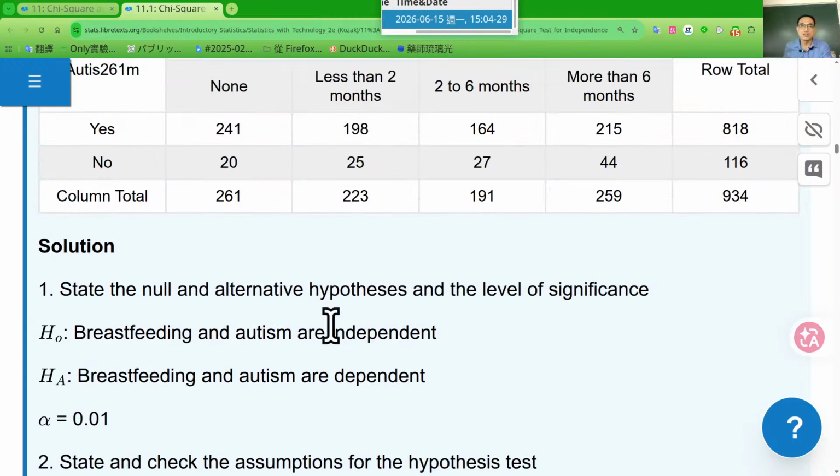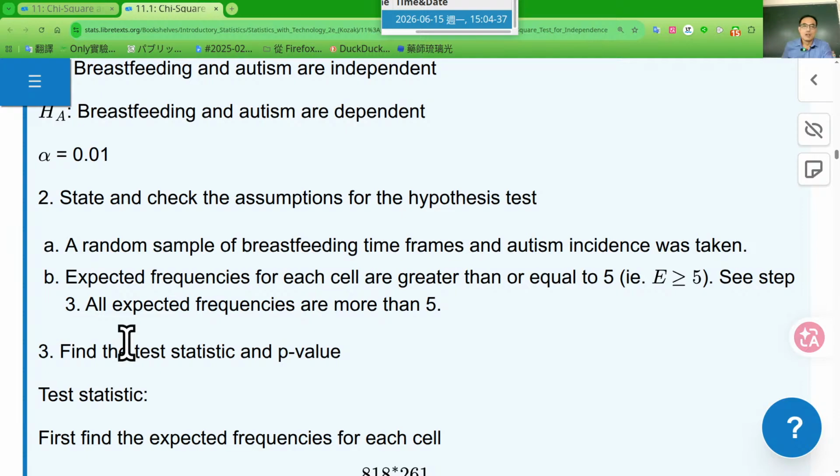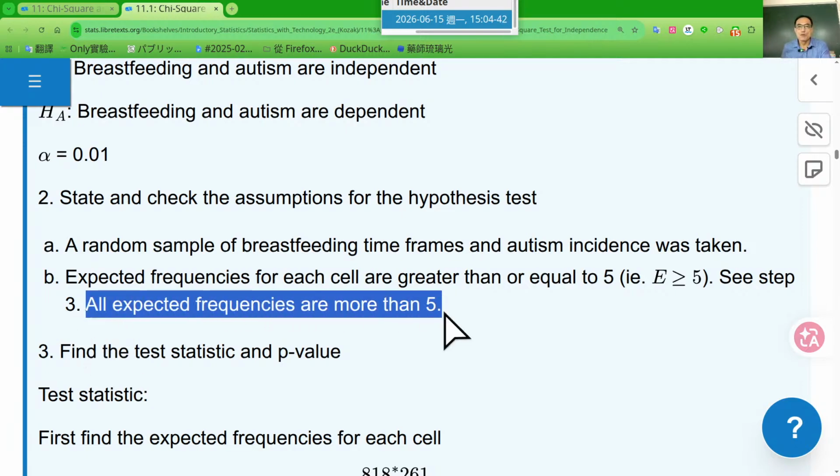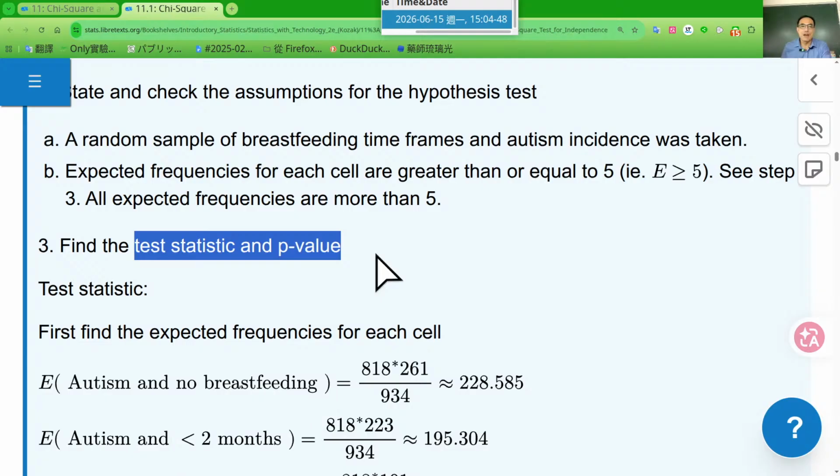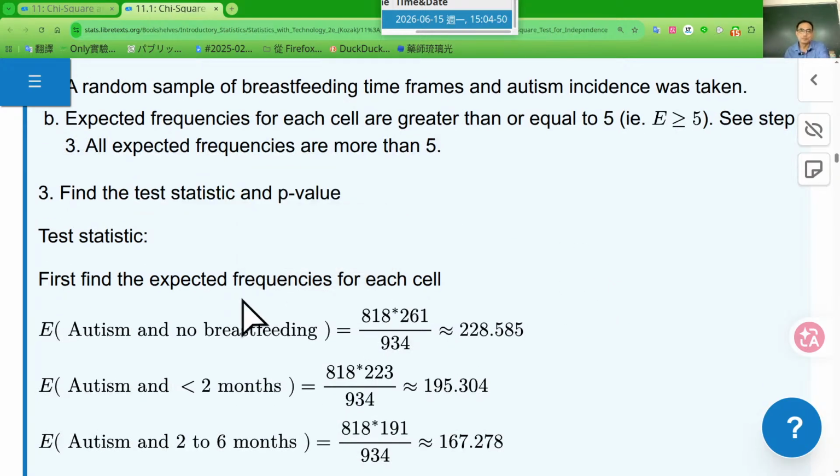That's okay, because here the minimum cell is 20, so it fulfills this condition. All expected frequencies are more than 5, so you fulfill this condition. Now find the test statistic and p-value, and first the test statistic.